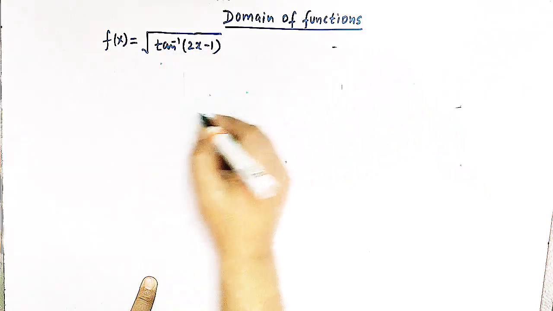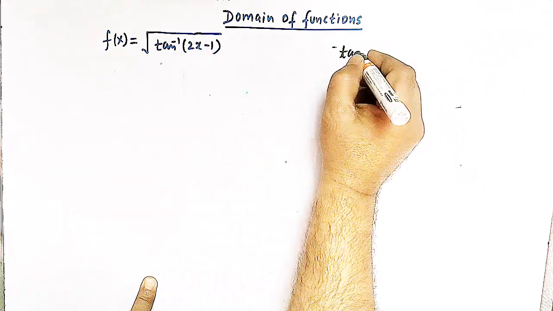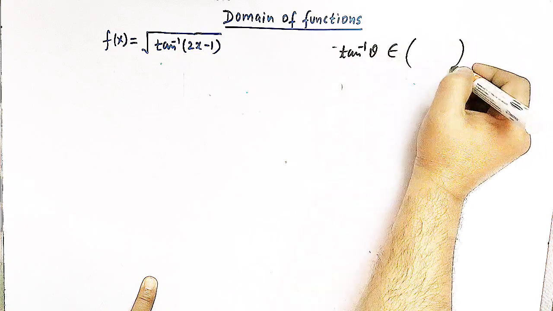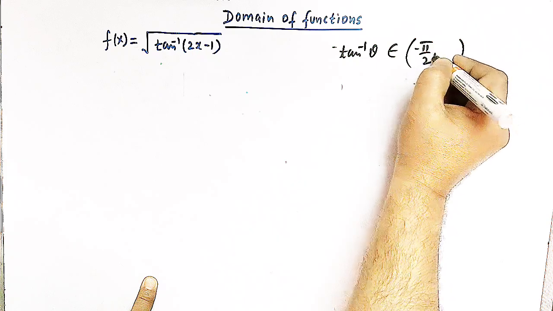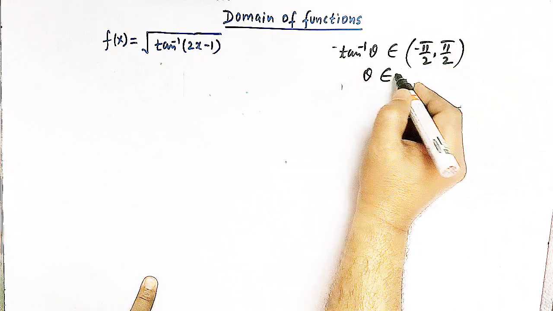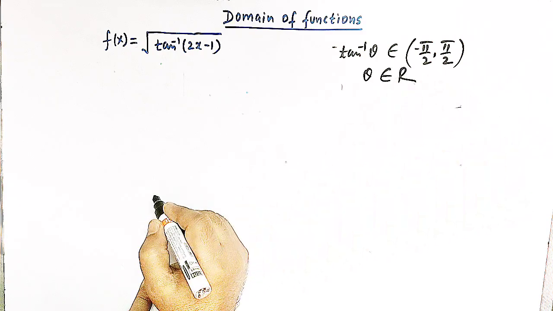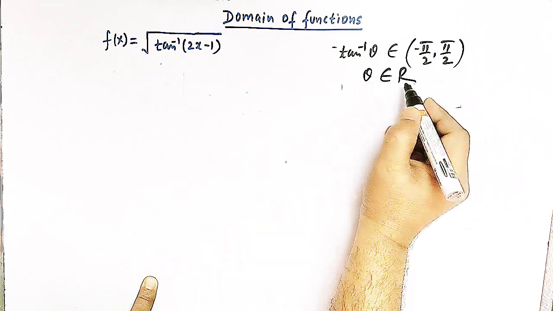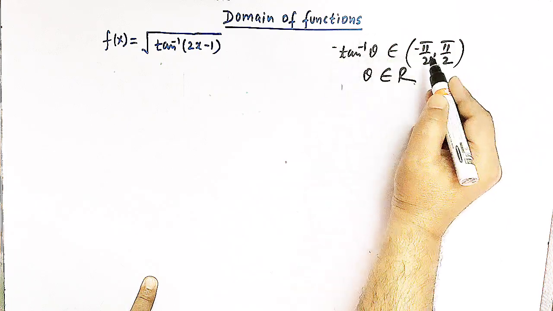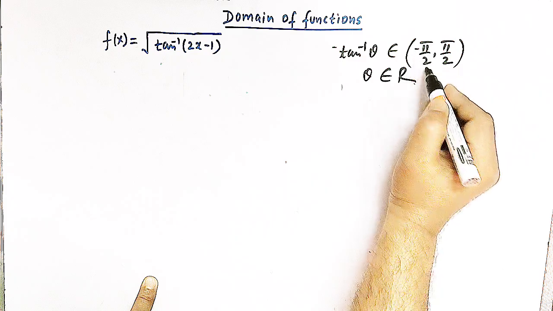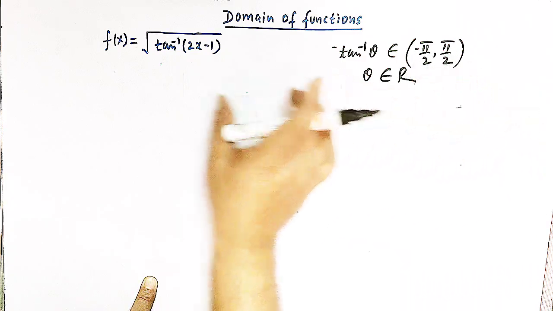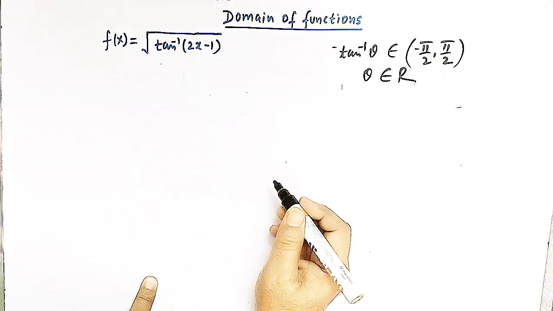From inverse trigonometric functions we know that tan inverse theta belongs to the open interval minus pi by 2 to pi by 2, provided theta belongs to the set of real numbers. So tan inverse theta has the range, the open interval minus pi by 2 to pi by 2. We are going to use this concept to find the domain of this function.